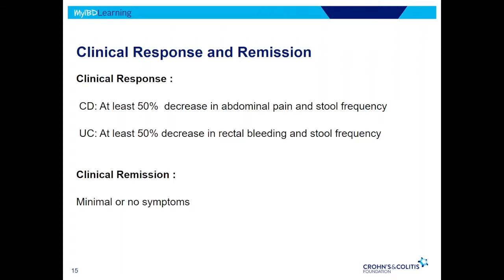And by clinical remission, what they mean is minimal or no symptoms, specifically referring to these symptoms. So, as you can see, there's some discrepancy between the long list of symptoms that patients report and what the clinical trials are looking at. So you should understand that difference when your doctor, or whoever is discussing treatment with you, talks about the rate of clinical response and the rate of clinical remission.